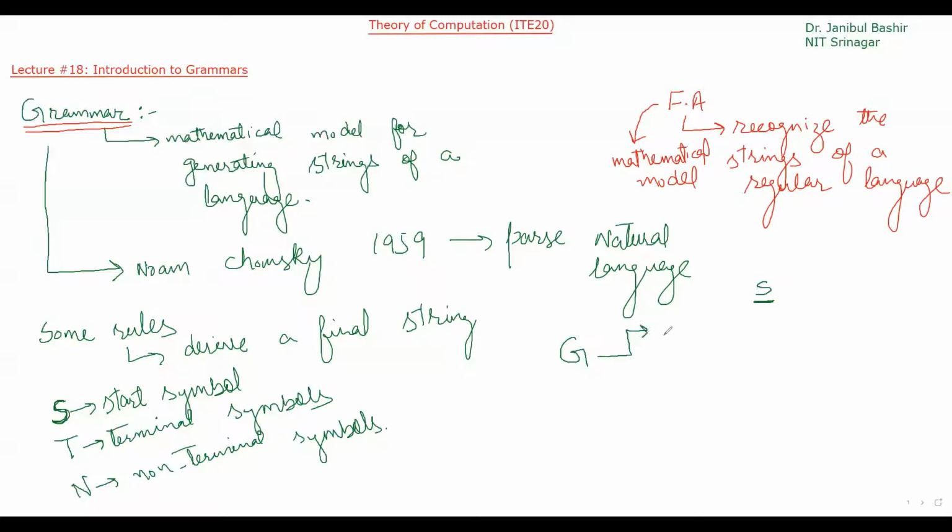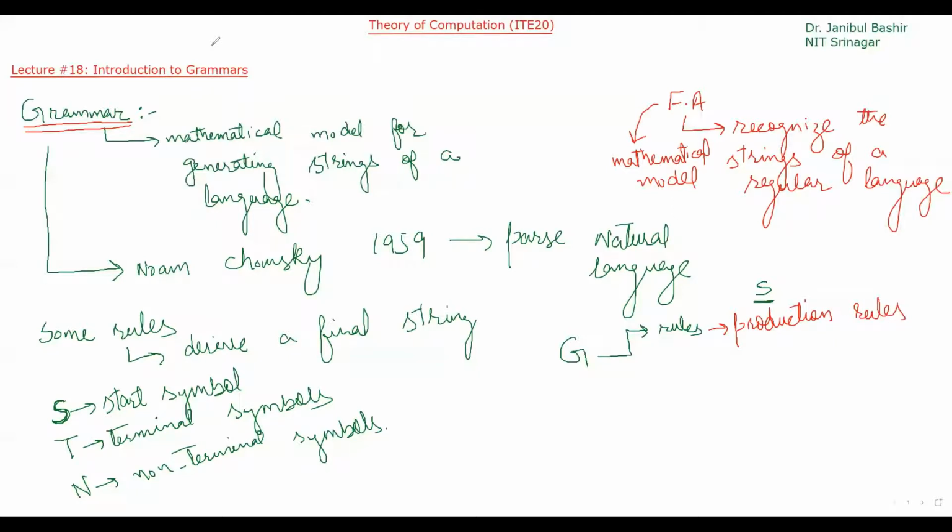I should first know about these rules, rules that are used to derive a final string. These rules are called production rules. So I need to know the production rules.